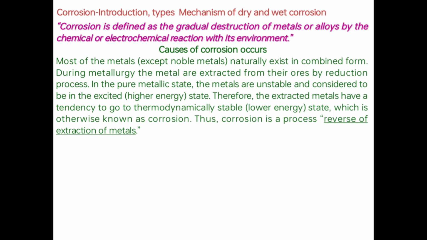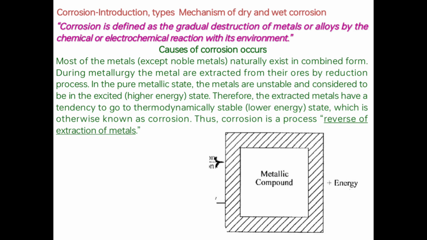During metallurgy, the metals are extracted from their ores by reduction processes. In the pure metallic state, the metals are unstable and considered to be in an excited state. Therefore, the extracted metals have a tendency to go to a thermodynamically stable state, which is known as corrosion. Thus, corrosion is the reverse process of extraction of metals.